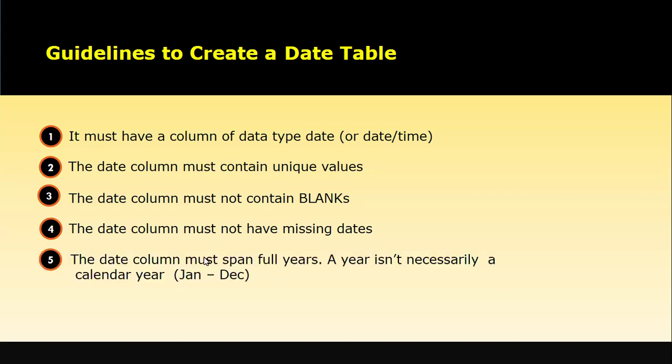Okay. And the date column must span full years. Year is not necessarily a calendar year. It can be the calendar year, it can be the fiscal year, but the date column must span full years. There should not be any gap here. For example, you have started your business on 1st March 2021.